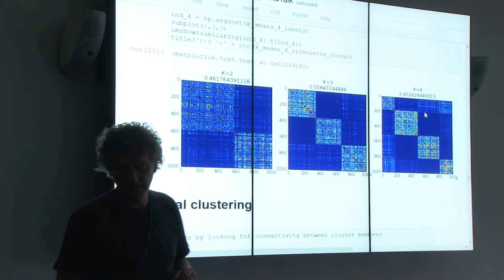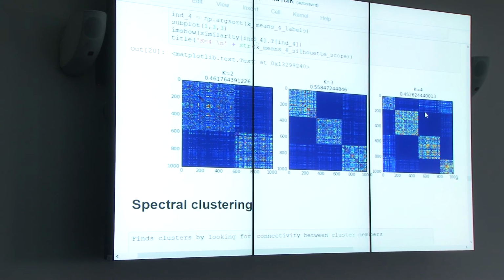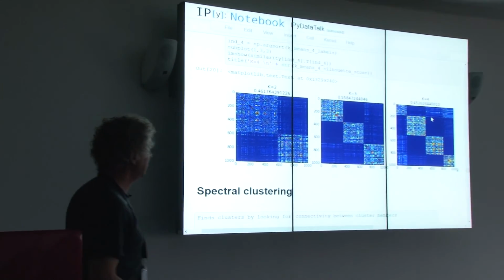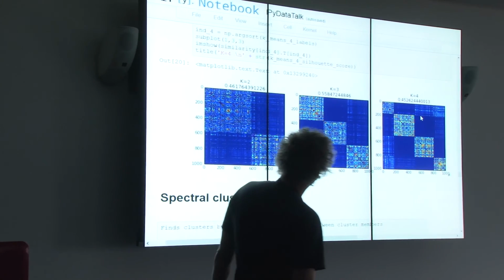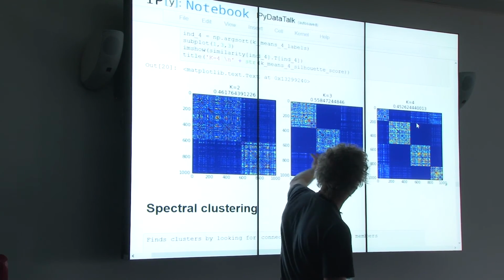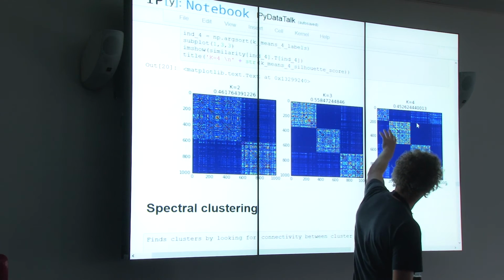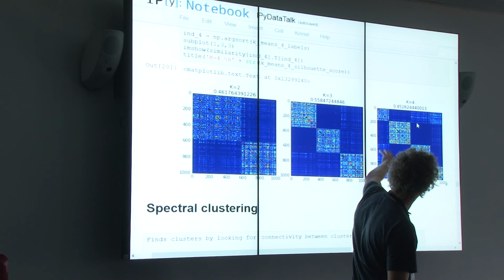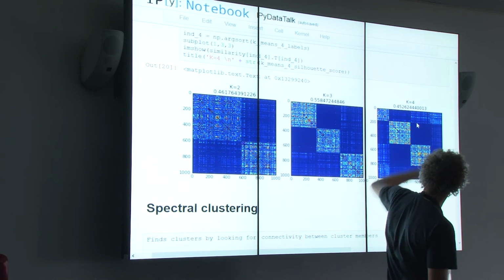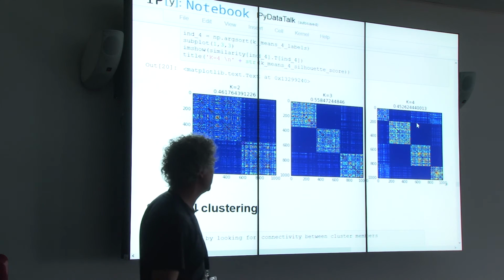And we can see it's quite obvious in this instance that the k equals 3 solution is actually the best one, because we've got nice dense regions here and very little outside. The k equals 4 one, we've got some noise or sort of poorly clustered elements here and here. And in this one, again, it's more broken up.